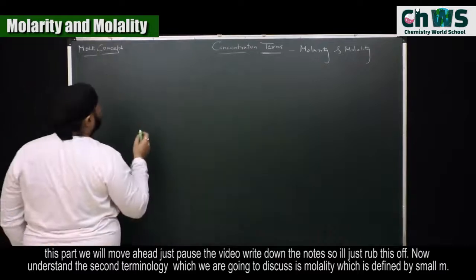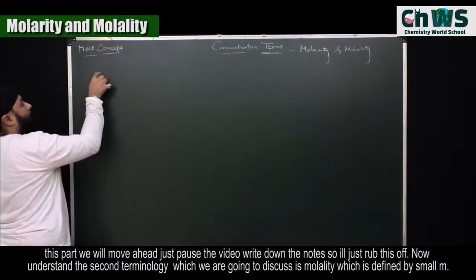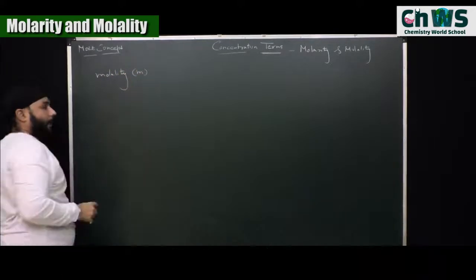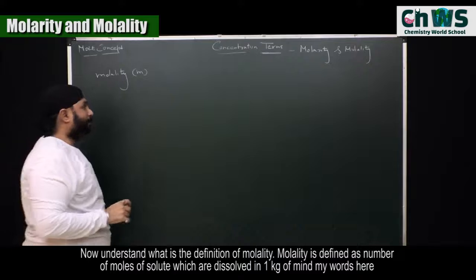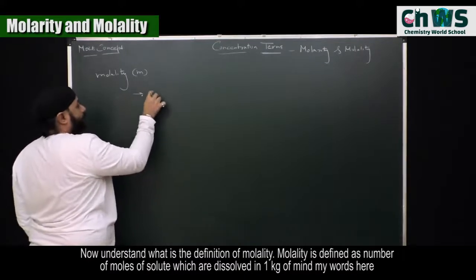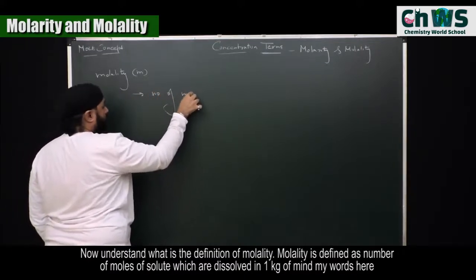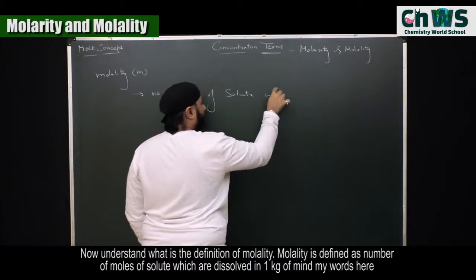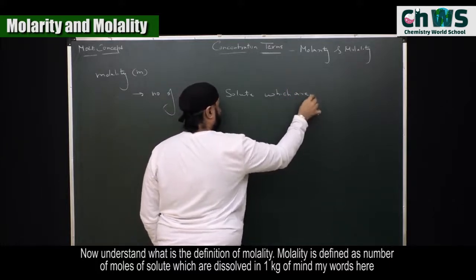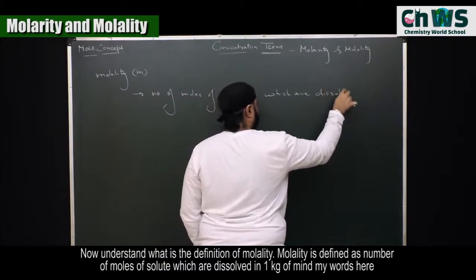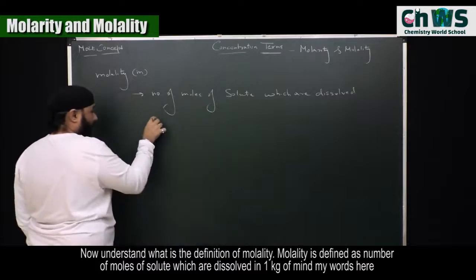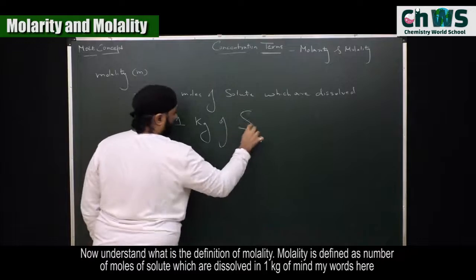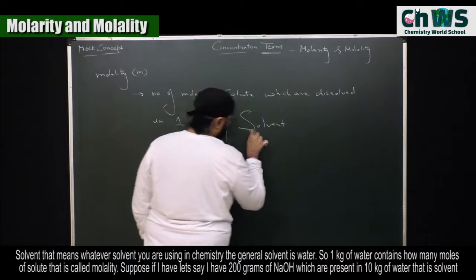Now understand, the second terminology which we have to discuss here is molality, which is denoted by small m, right? Now understand the definition of molality. Molality is defined as the number of moles of solute which are dissolved in 1 kg of, mind my words here, solvent.